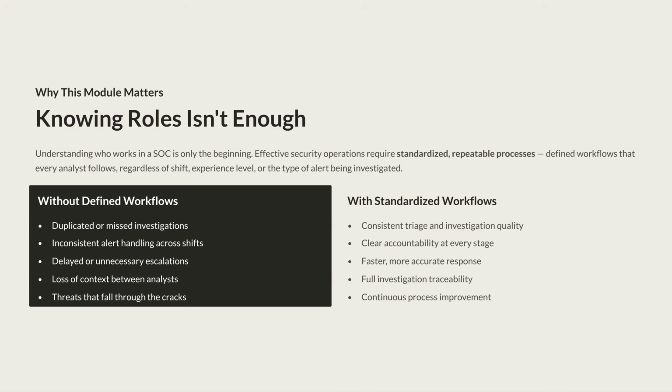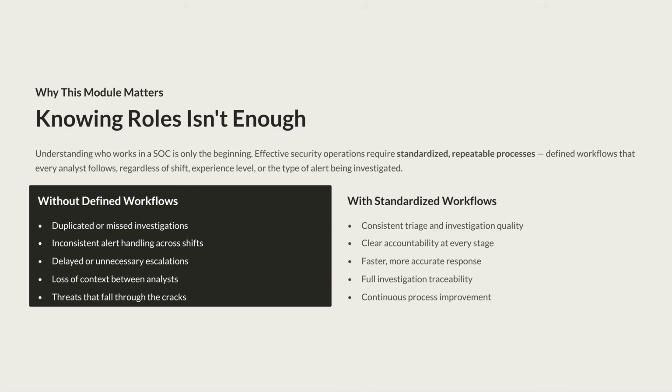Before an alert exists, we have telemetry. That telemetry can come from endpoints, EDR platforms, identity systems, firewalls, cloud environments, email security solutions, network infrastructure, applications, and many other sources. A SIEM, or another detection platform, collects this information and applies detection logic to it.